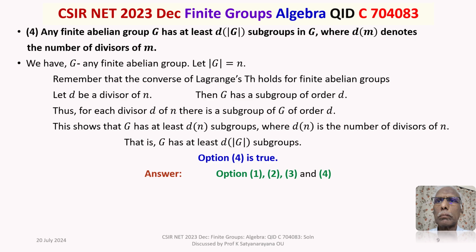For them it is a cakewalk. They remember this and say all of them are true. If you do not know, then it will be difficult in the examination, as you have to convince yourself that these results are true. It will take a long time.